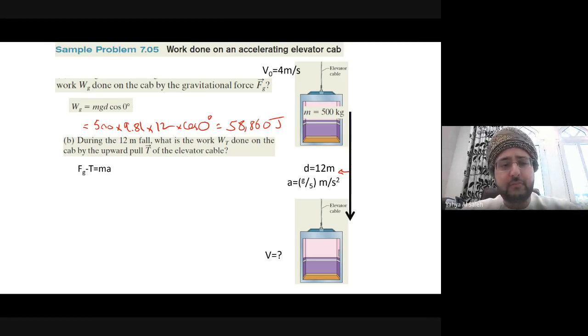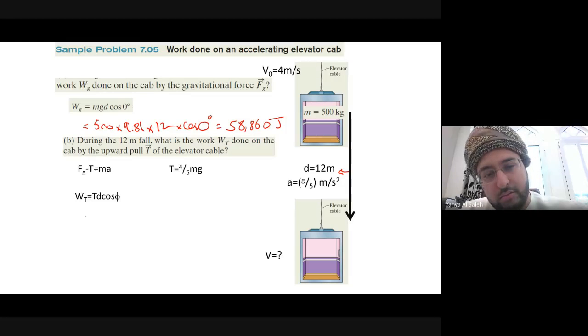F equals ma. Fg is down, tension is up. So Fg minus T is equal to ma. Our tension is 4/5 mg. Work done by tension is T d cosine theta.